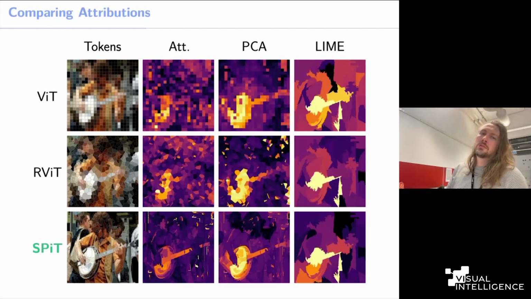But we see that the attribution maps from the superpixel tokenizer have much higher granularity and can capture pixel level details in the image. These are the attributions for the class Banjo, and all models respond well to it, but the ViT has this low resolution representation in the tokenized space, which makes it harder to use in dense modeling tasks, and also makes these attributions a little less interpretable.